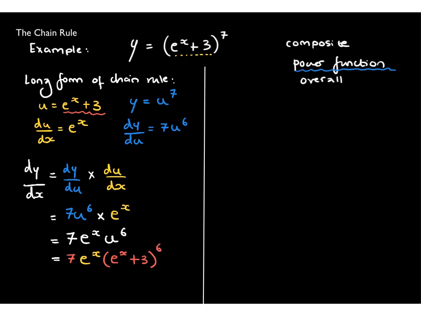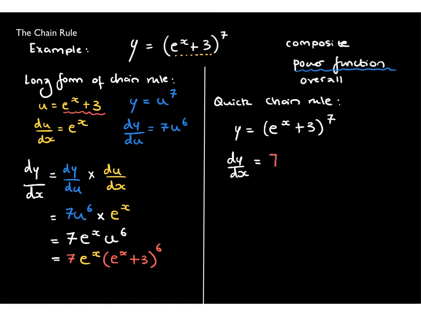Now, can you see how we could have got there using the quick chain rule? Let's take a look at the original function. y equals e to the x plus 3 all raised to the power of 7. It's a power function. So when we differentiate something that's a power function, we need to multiply by the power and then reduce the overall power by 1.